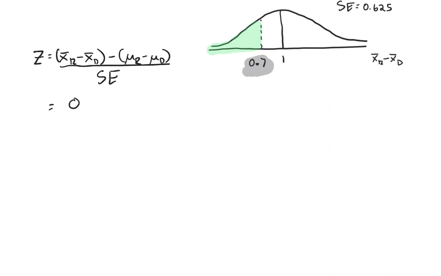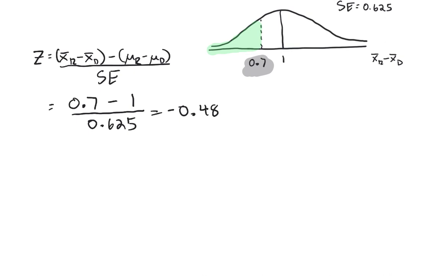So we know this is 0.7. Our mean is 1, and our standard error we calculated is 0.625. And if we put that into our calculator, we get negative 0.48.